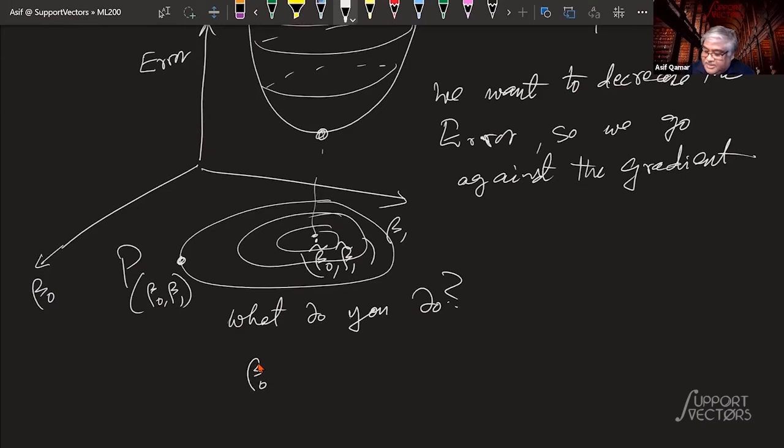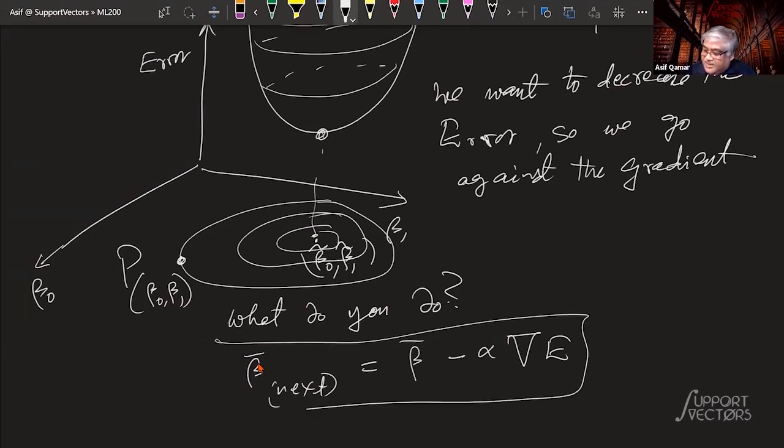You will say beta's next value should be equal to the previous value of beta minus alpha times the gradient. So in vector notation, beta minus alpha times the gradient of the error function, right? This is the celebrated equation of gradient descent.